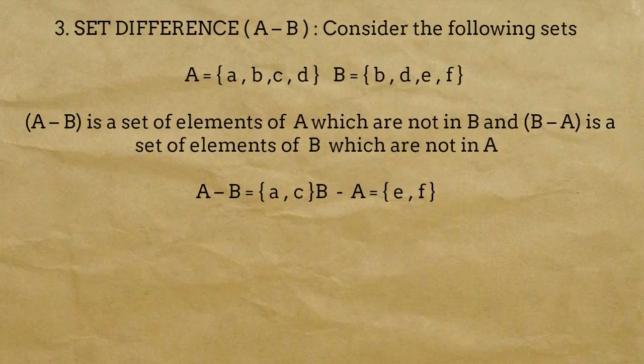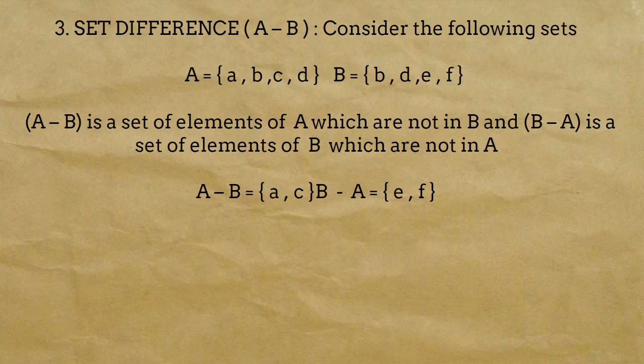The third operation is called set difference, which is also written as A minus B. Consider the following sets now. A has elements a, b, c, d and set B has elements b, d, e, f.